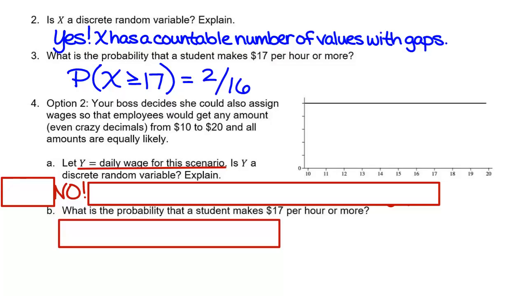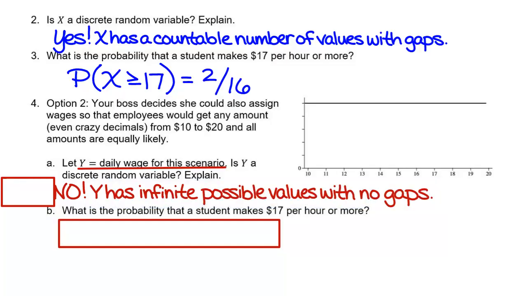So is it a countable number of values? Are there gaps in between the numbers? No. Y has infinite possible values with no gaps. And so we would call this, instead of a discrete random variable, a continuous random variable. Y is a continuous random variable.